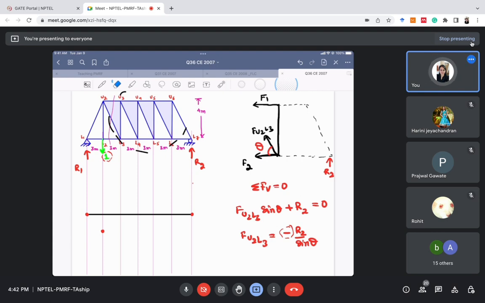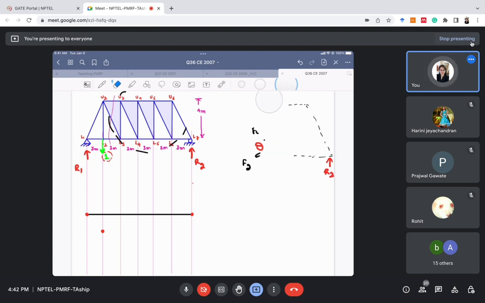Similarly, if I move the unit load to point L3 now, let's remove it from here and move it to L3. Some reactions will come, R1 and R2. Now we'll cut this section. We'll always cut the section in which we need to calculate the force.